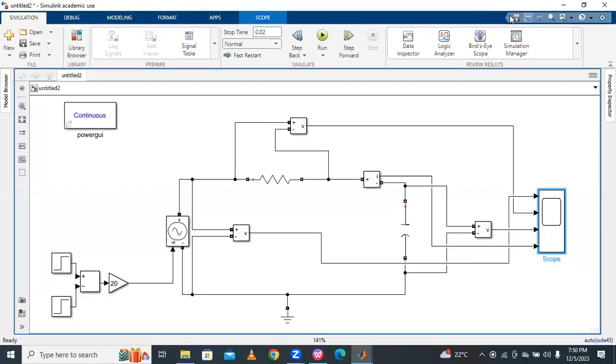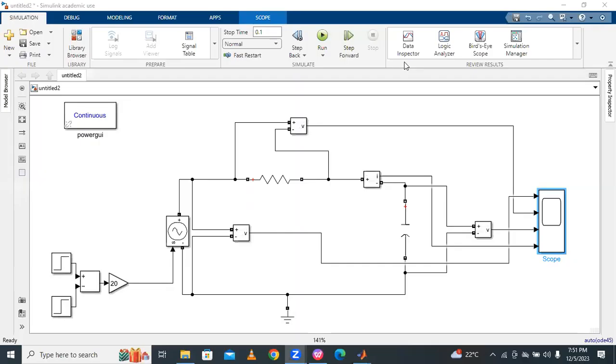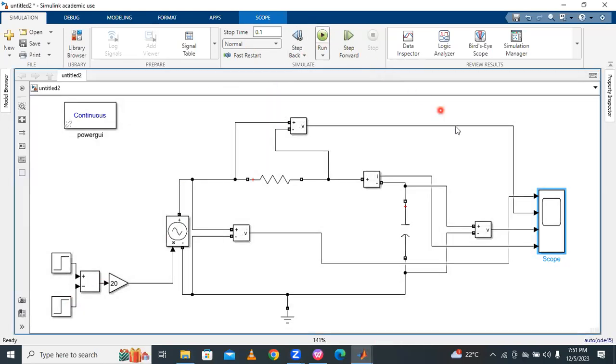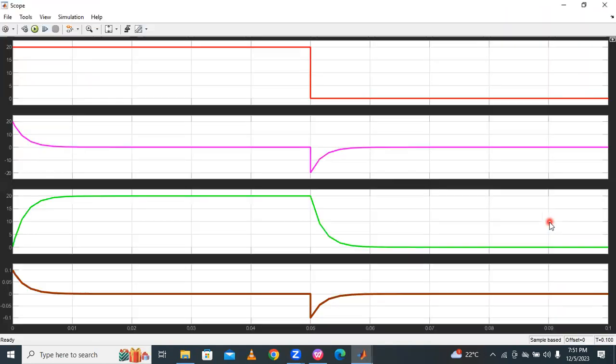Change the stop time to 0.1, simulate again, and open the scope.